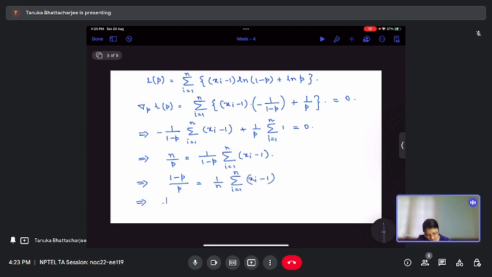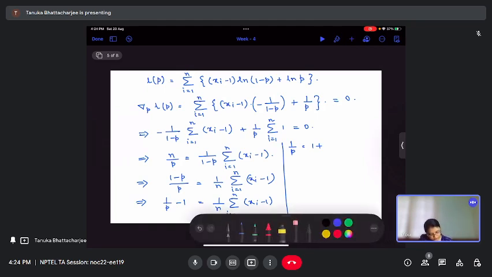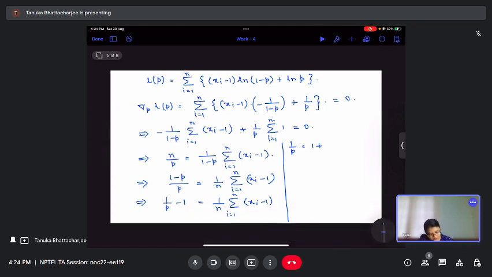This is basically equal to 1 by p minus 1. The right side is the same. If I take the 1 on this side, then 1 by p becomes 1 plus 1 by n summation xi minus 1.